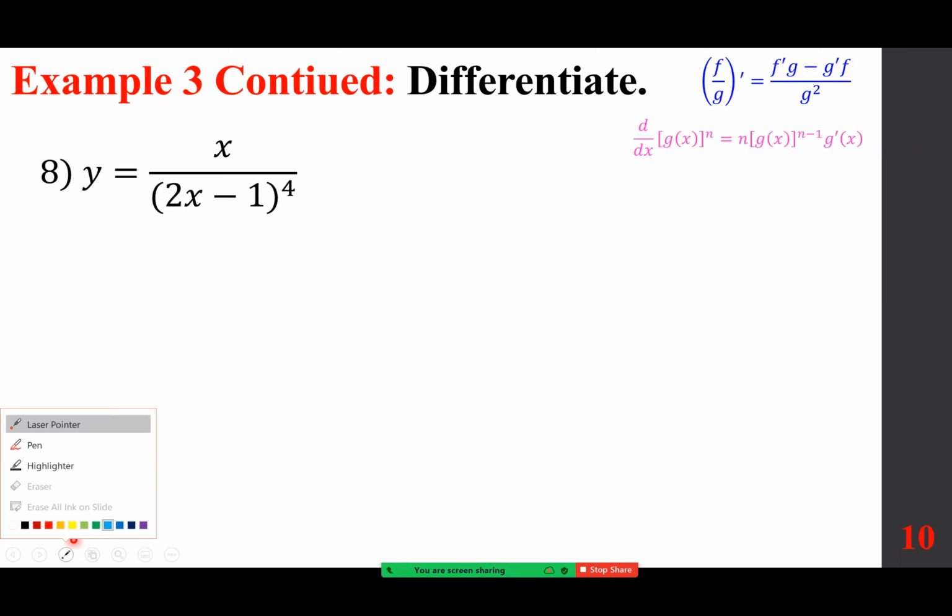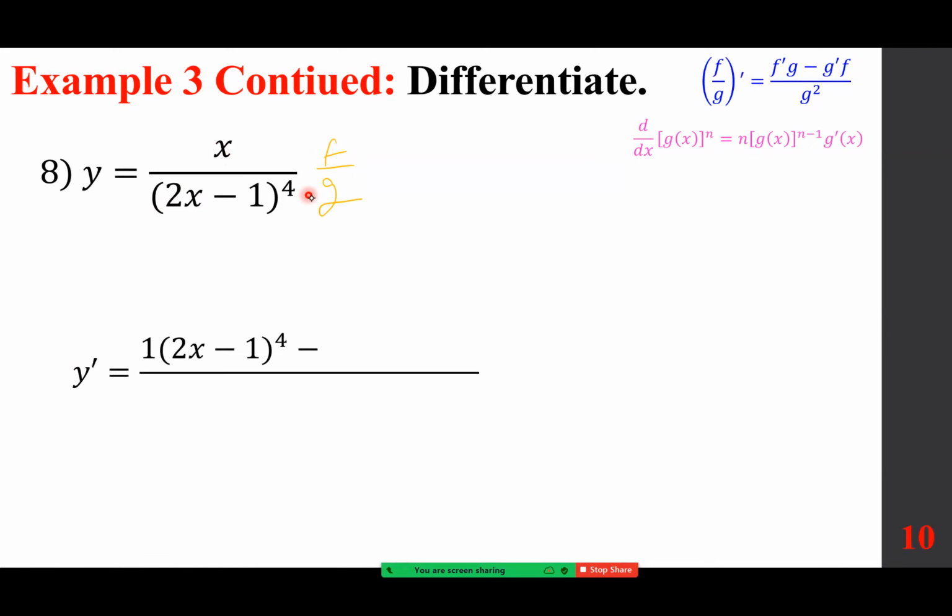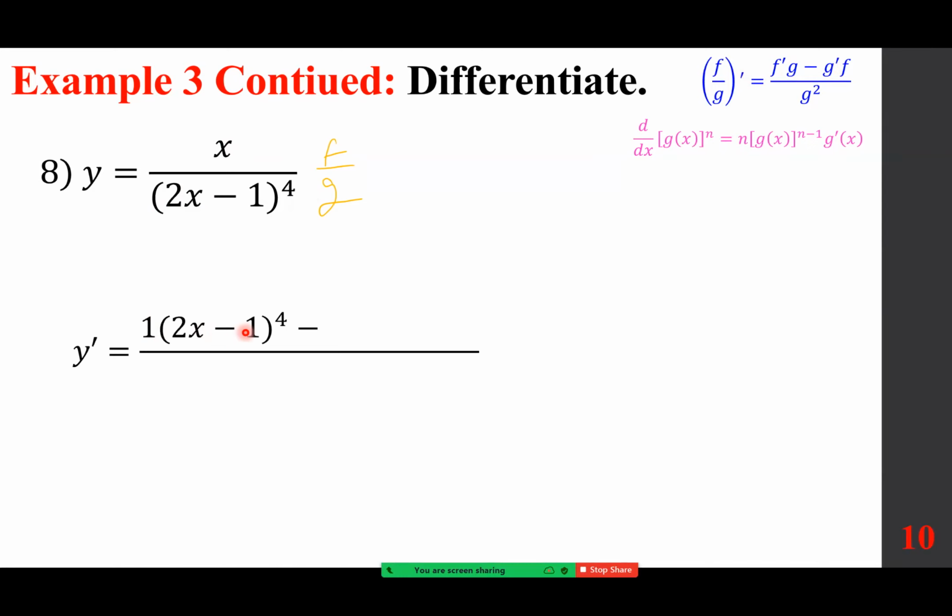So I'm going to write, this is f, this is g, and I'm going to follow this. So I have a fraction bar, and f prime, the derivative of this one, is 1 times the bottom. So f prime g, I want minus g prime f.